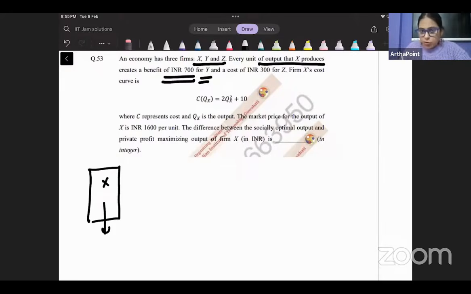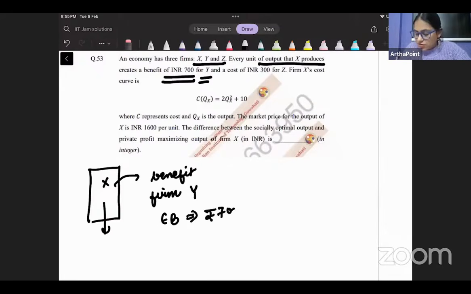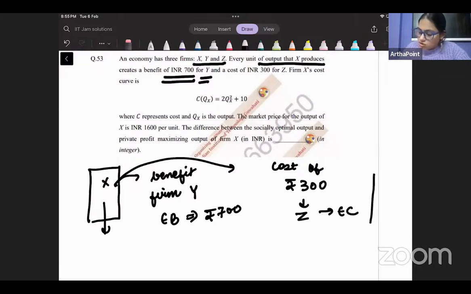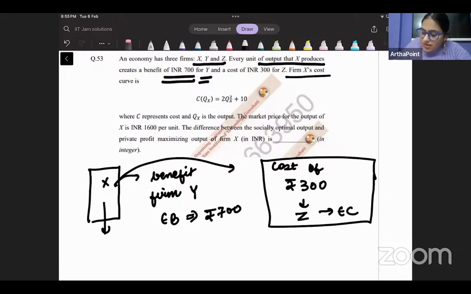When X produced something, it caused a benefit to firm Y. This means an external benefit of rupees 700. When X produced something, it caused a cost of rupees 300 for firm Z. Bacha, this is external cost. Clear?